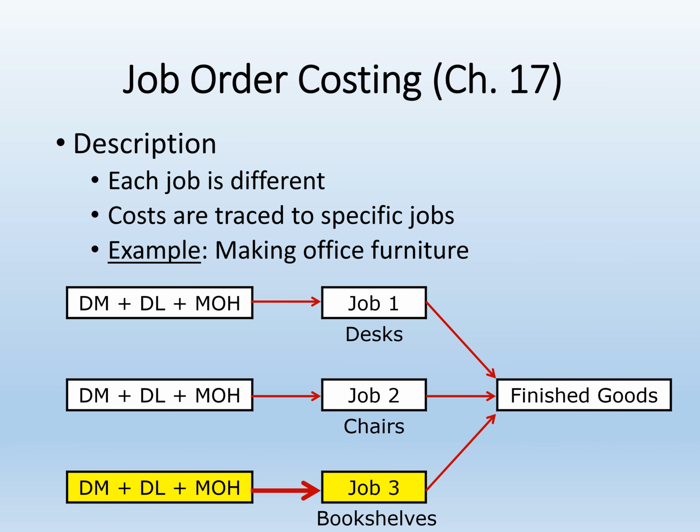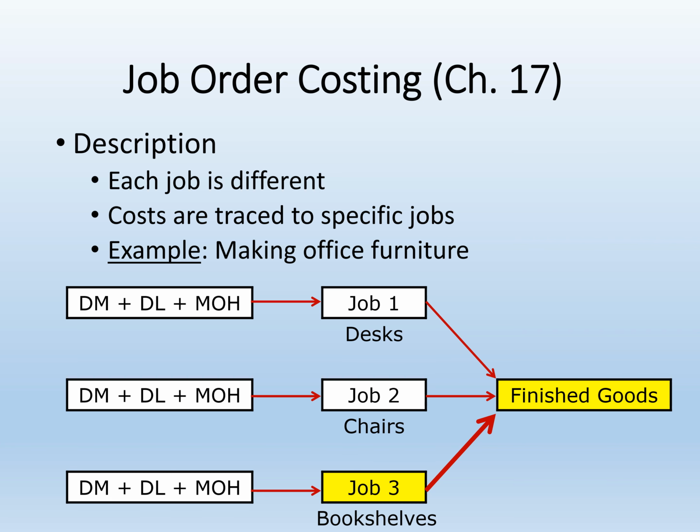At the same time, the firm may be working on job 3, a specific model of bookshelves that need materials, labor, and overhead that are unique to that model. When the bookshelves have gotten everything that they need to be complete, then they're transferred to the finished goods warehouse.